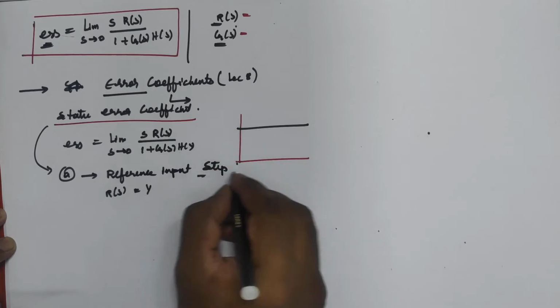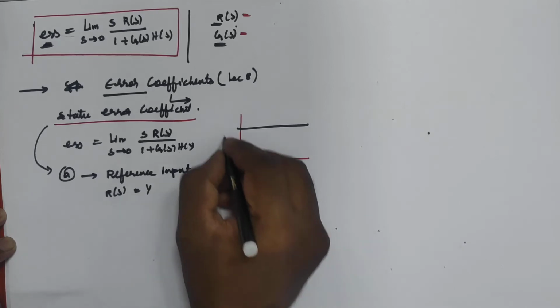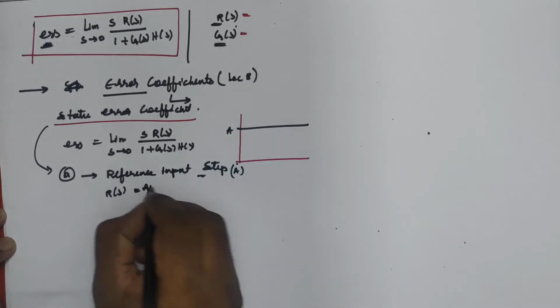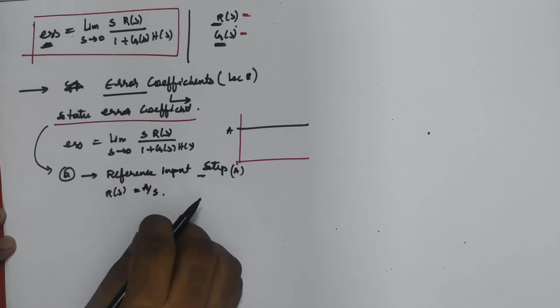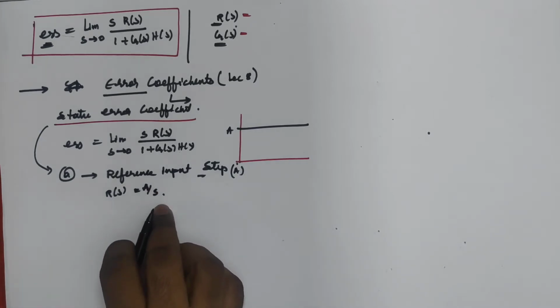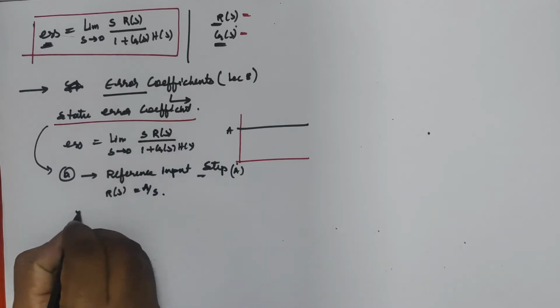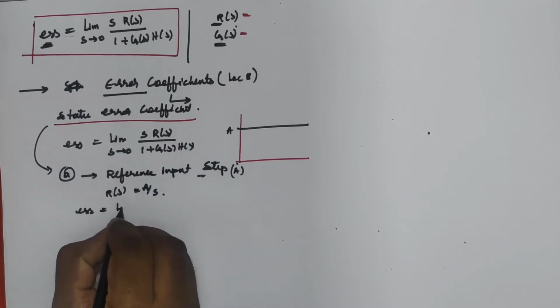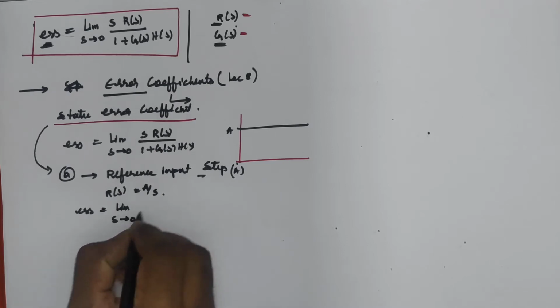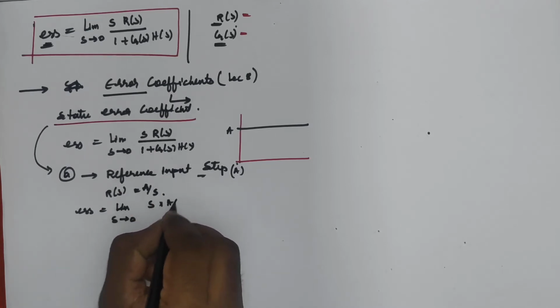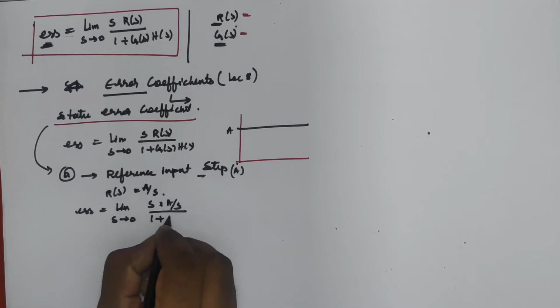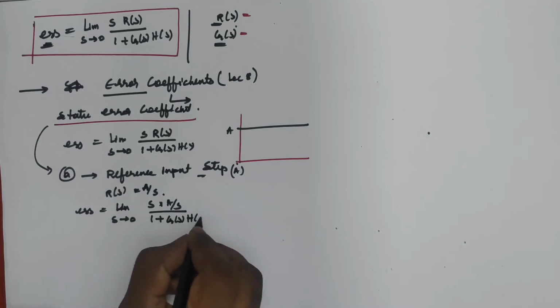Step input with magnitude, let us say A. Then R(s) is A by s. Now substitute this A by s here: limit s tends to 0 of s into A by s by 1 plus G(s)H(s).